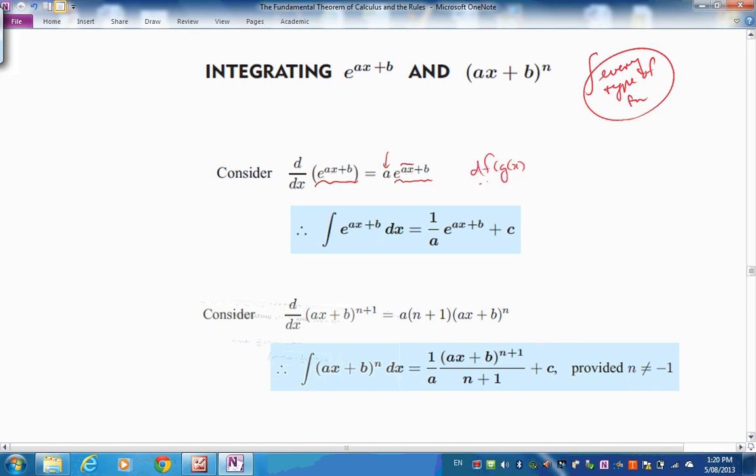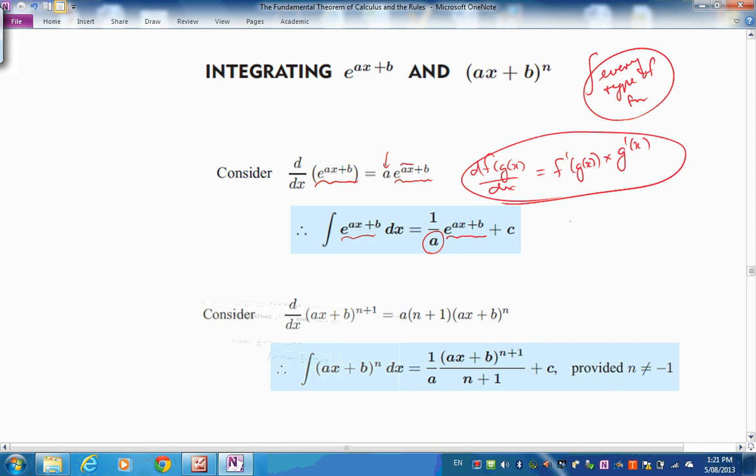The derivative of all of that is f dashed g of x times g dashed x, isn't it? So here, what are we going to have to do when we are integrating, or finding the function whose derivative is e to the ax plus b? Keep e to the ax plus b the same and divide by the derivative.